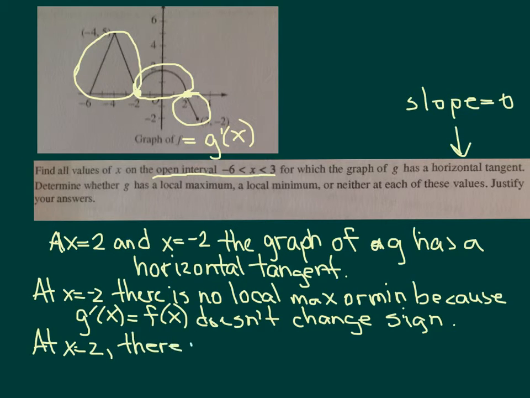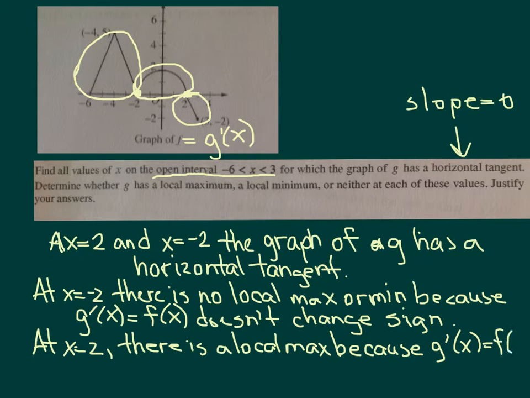So we say there is a local max because g prime x is equal to f of x changes sign from positive to negative. There we go. Fantastic. Now let's go on to the last.